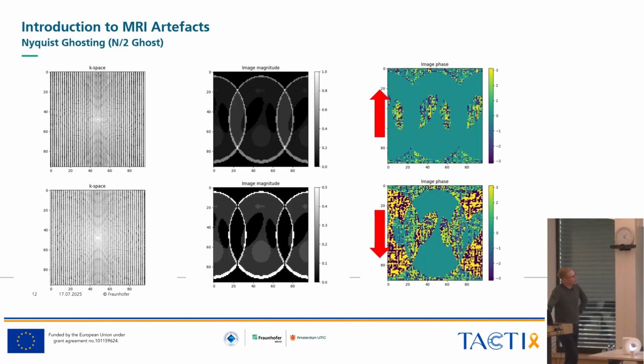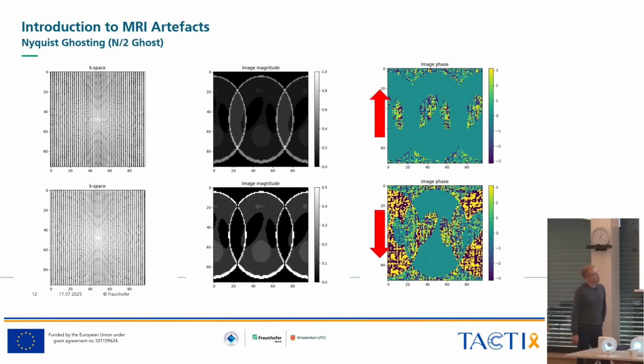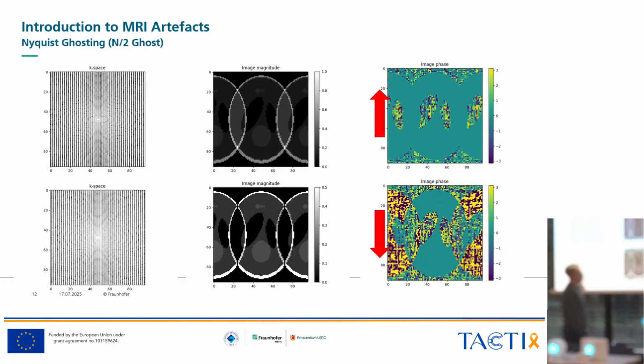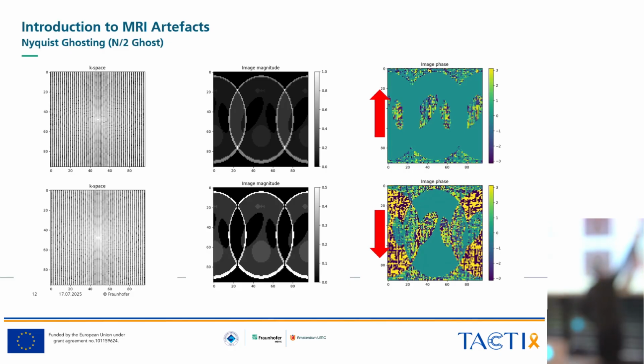And if you do that, you will see something like this. You will notice that in the magnitude images you get these ghosting artifacts that we saw before. But you also notice that for the phase information, you get the real image which you want to have, which has a flat phase, and you get the ghosting signal, which has the opposite direction of the phase.